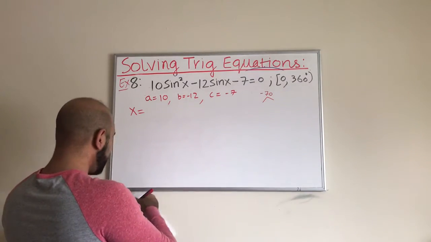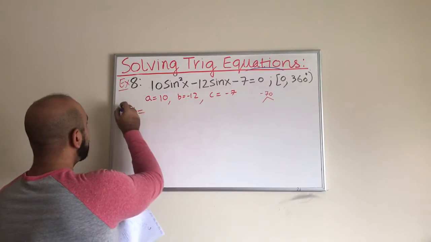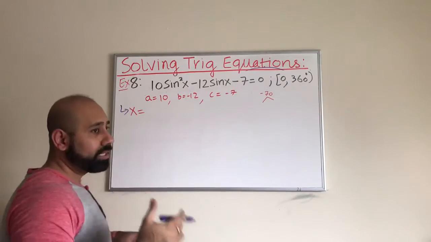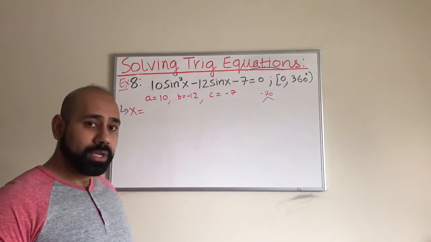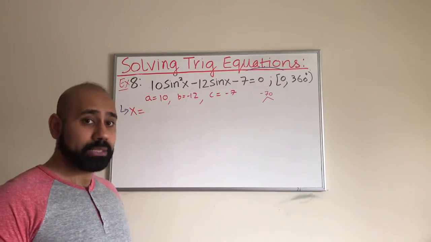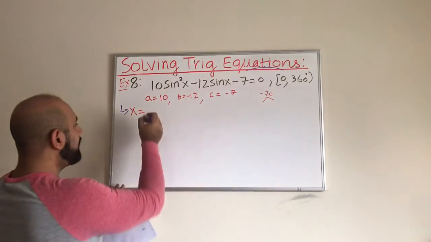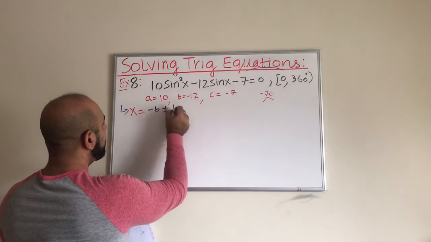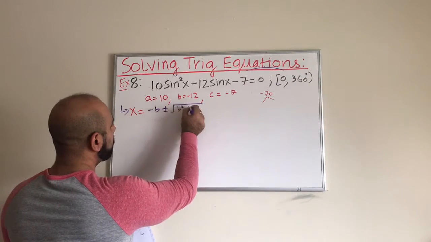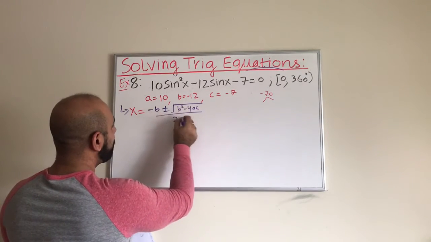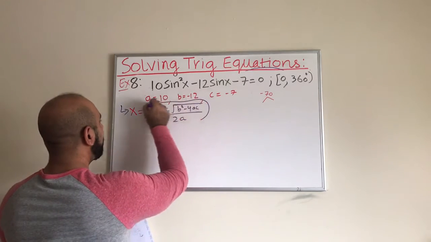If I am working with a standard quadratic equation of the form ax squared plus bx plus c, then we are solving for x. It is negative b plus or minus the square root of b squared minus 4ac, divided by 2a. Well, that is the standard formula, right?